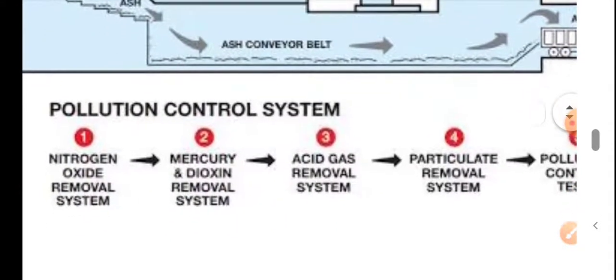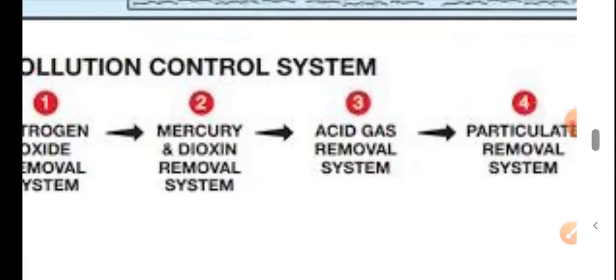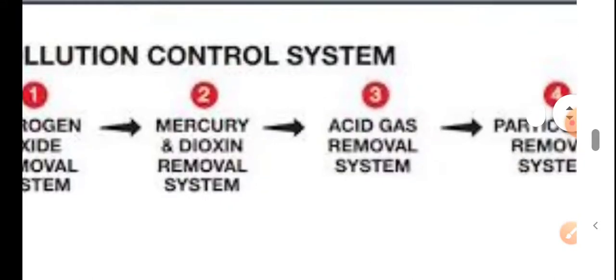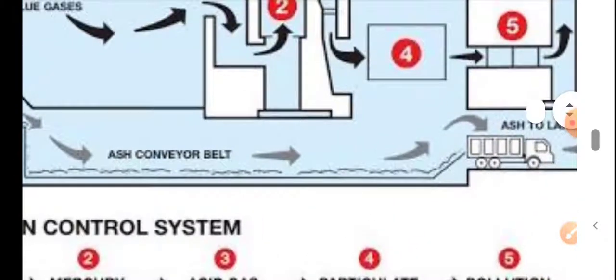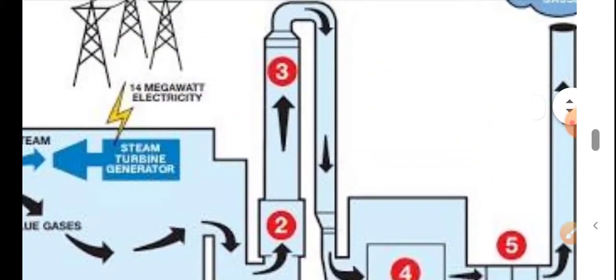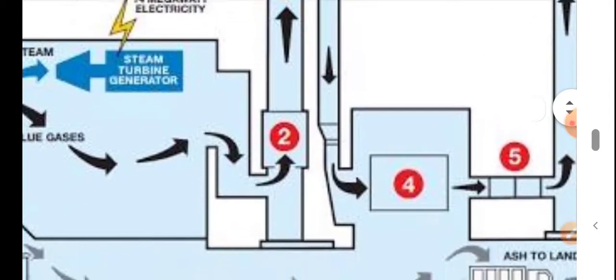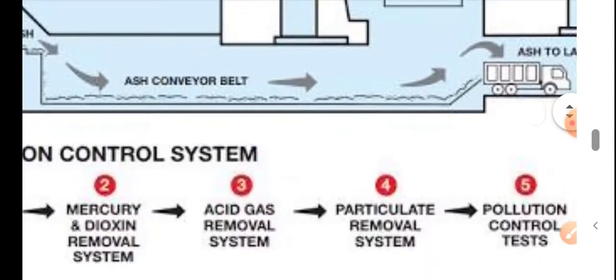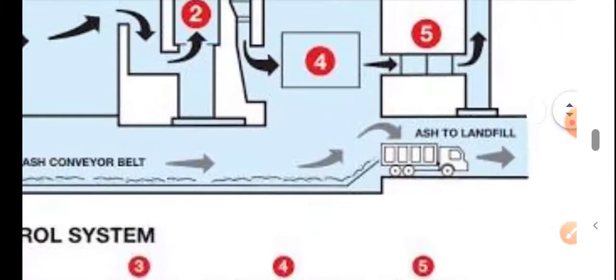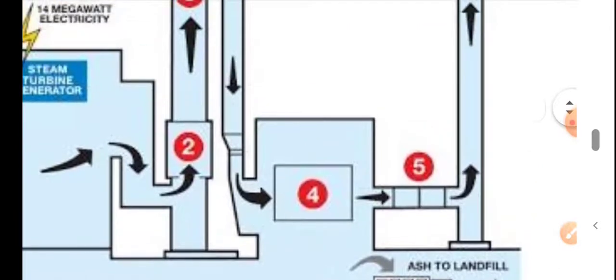The second system is the mercury and dioxin removal system, where mercury oxide and other toxic elements are removed. After that, there is system 3. When the flue gases pass through this, the acid gas present in the flue gases is removed. And then there is system 4, in which the particles present in the flue gases are removed.